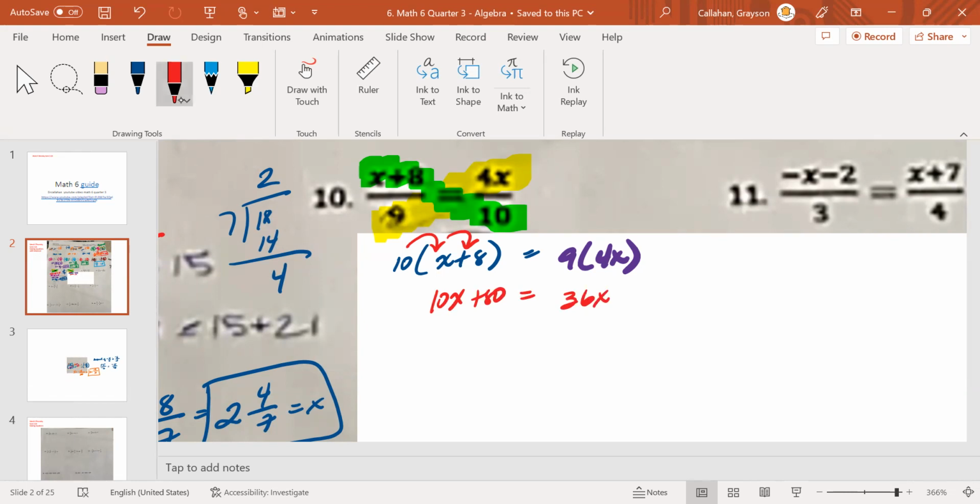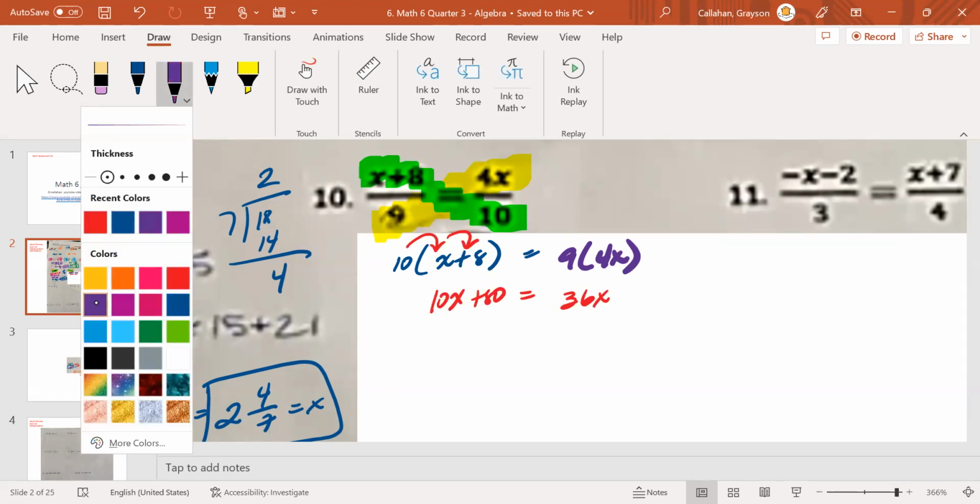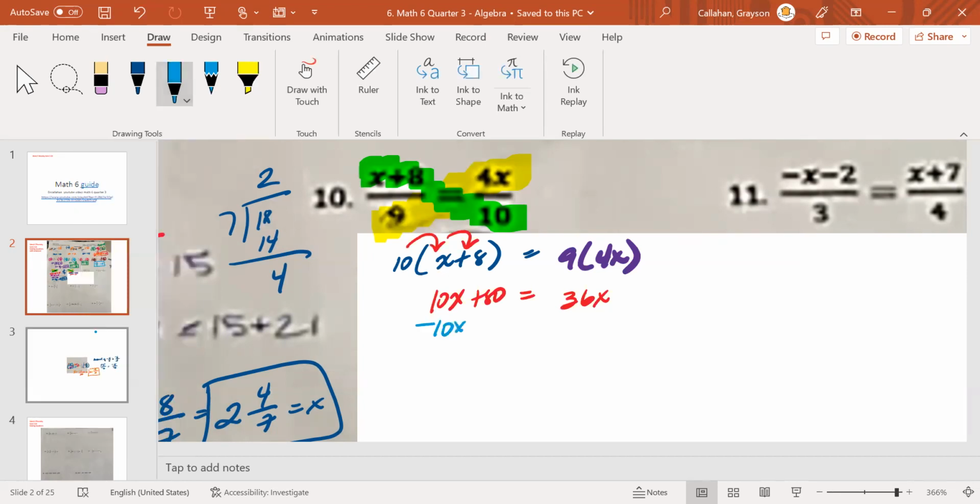Which one has a smaller x? You always move the smaller x. Which one has a smaller x? That part cancels. You're left with 80 is equal to 26x. Divided by 26 on both sides. X is now by itself. 80 divided by 26, they're both even.